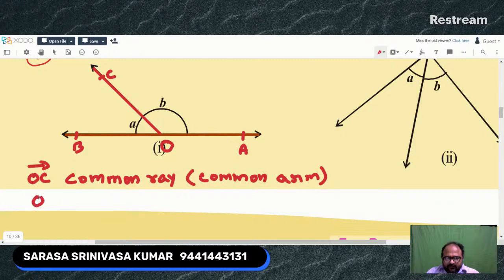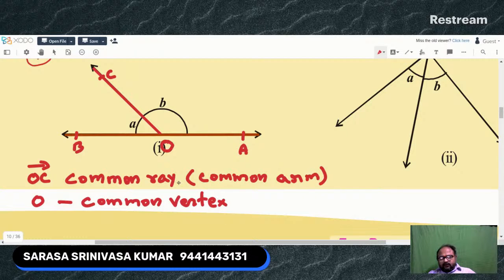Here O is the common vertex for the angles A and B. Common arm is there and common vertex is there.